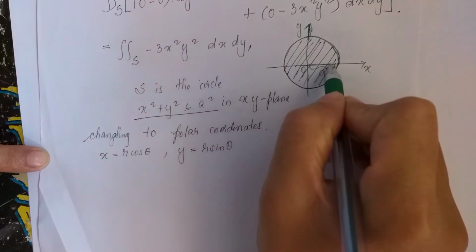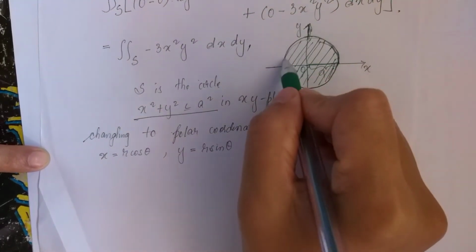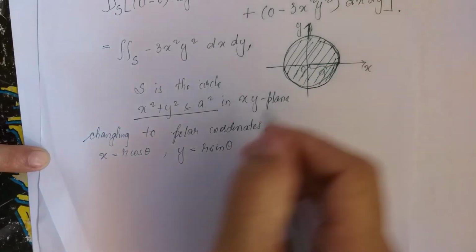Theta is the angle, so it will vary from 0 to 2 pi.